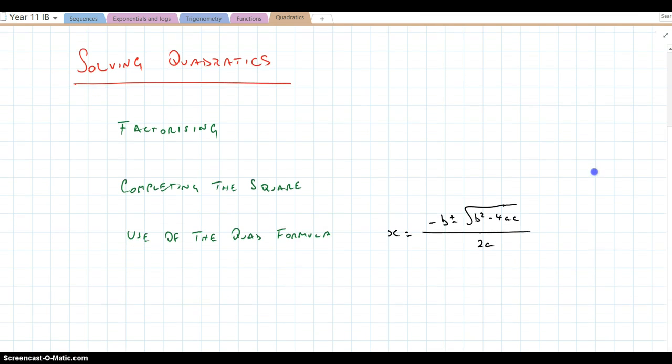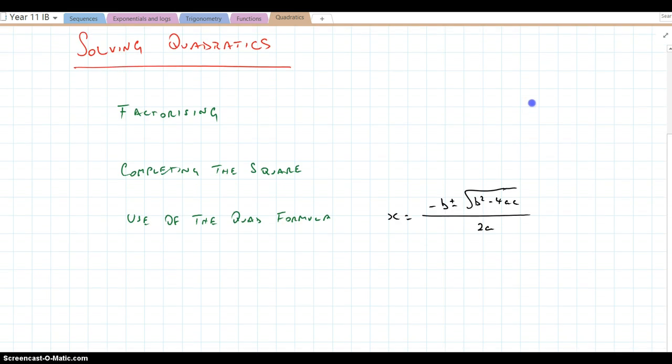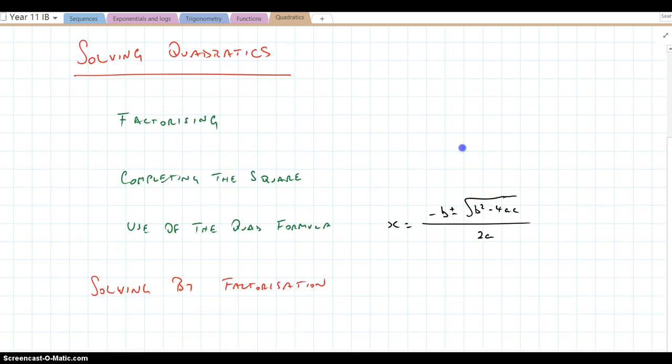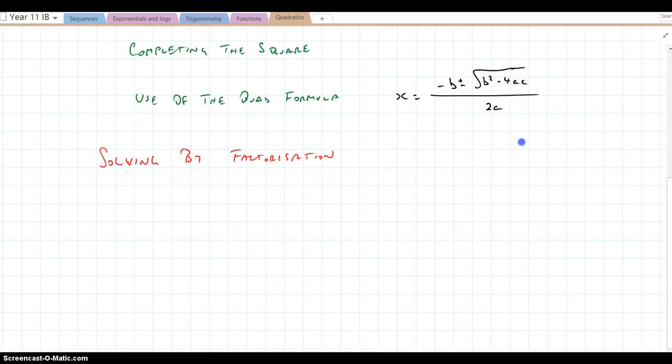Okay, so three main methods of solving quadratics. Let's look at the first method, solving by factorisation. I want to get through basically those 3 methods of solving quadratics in this screencast.